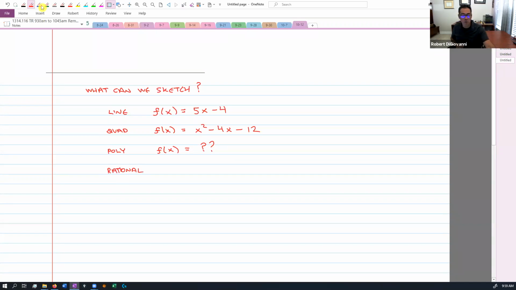And just so you know where we're headed, this is today, all right? Where we're headed is we're going to do two more: exponential and logarithmic.